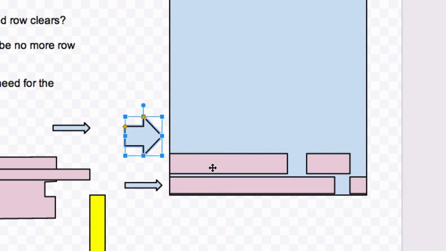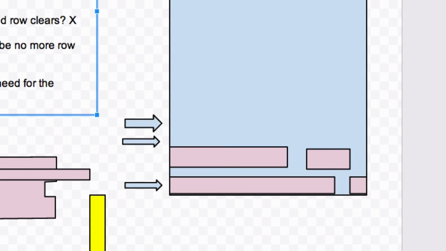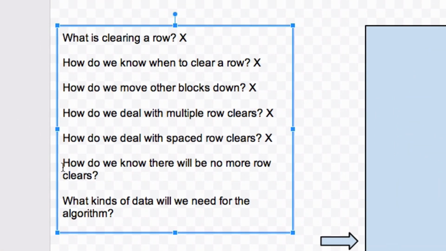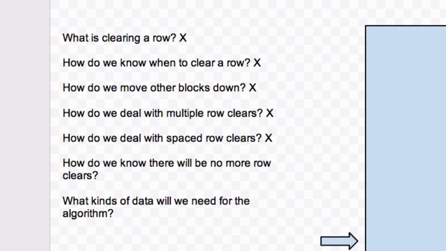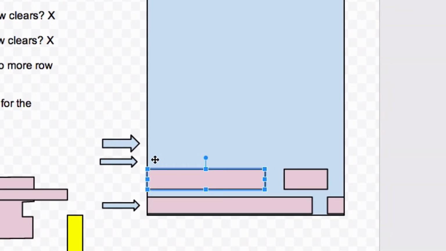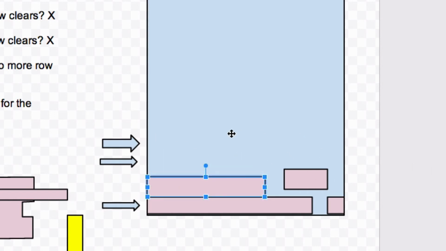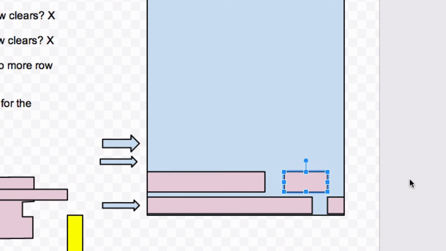Okay, and then one of the last questions here is how do we know when no more row clears need to be done? That one's pretty easy. Logically we could say that if we run into a row that is all air, then we need not proceed and try to scan more, since every block in Tetris is attached to a face.